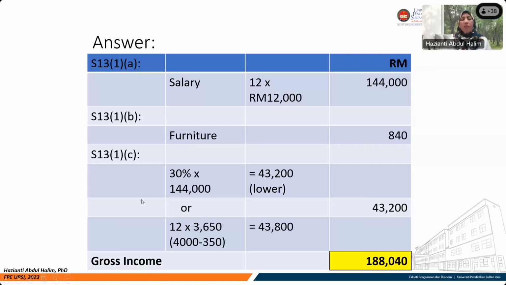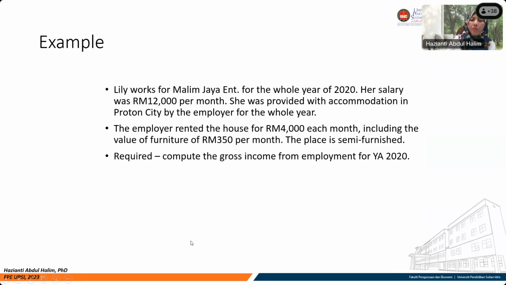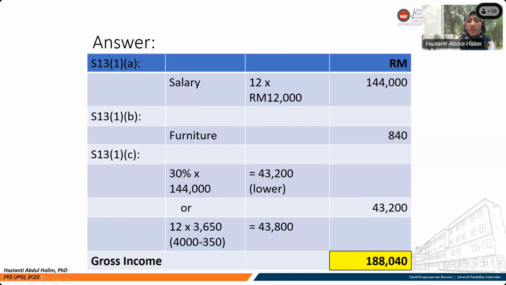So here we have 30% from her section 31A, 144 ni. 30% from 144, 43,200 or tadi rent dia 4,000 kan? Tapi if you look at the question kat sini, 4,000 tu including the value of furniture. So what you have to do is you have to deduct the furniture kat sini.